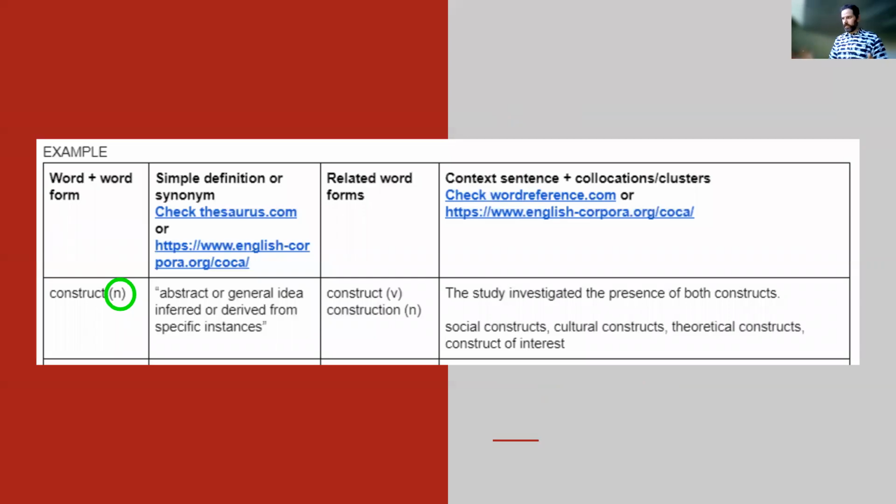Okay, so here in this example, I have chosen the word construct, and it's a noun. Maybe I saw it in an article that I read, and I want to know this word better. So I wrote it out, I checked in the dictionary, and discovered that the way it's used in the sentence that I borrowed from, it is definitely a noun.